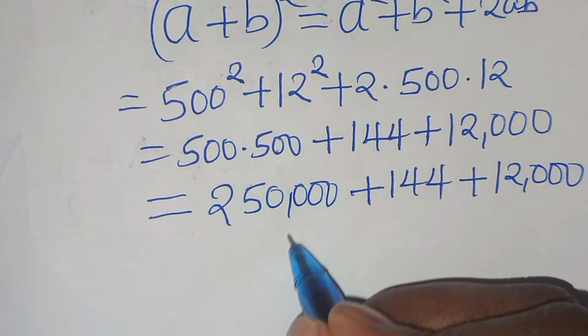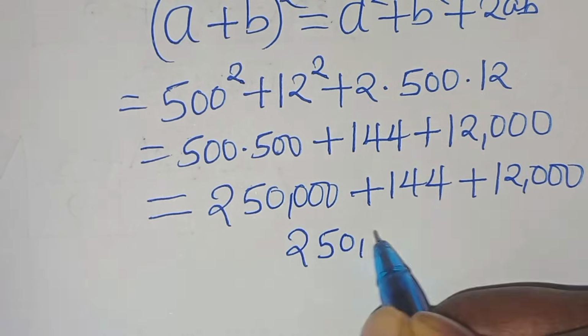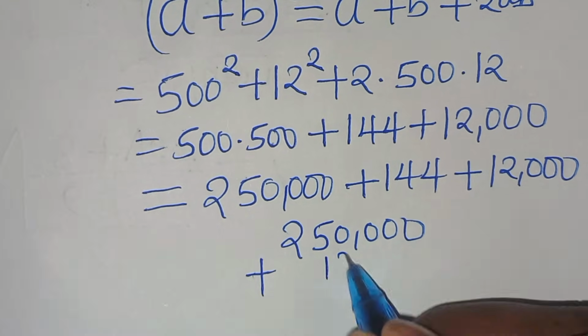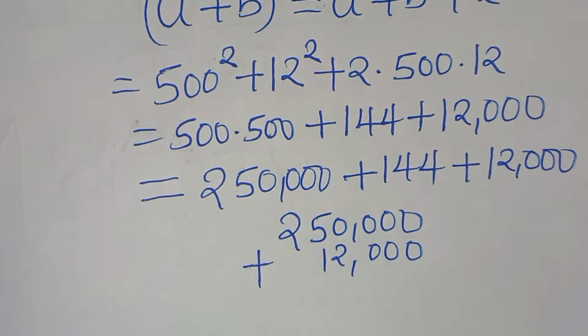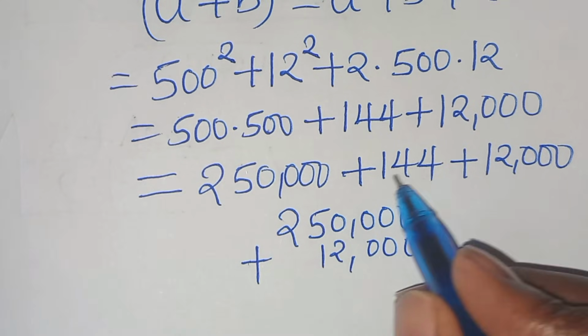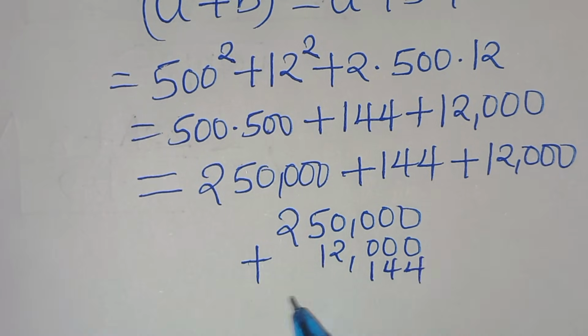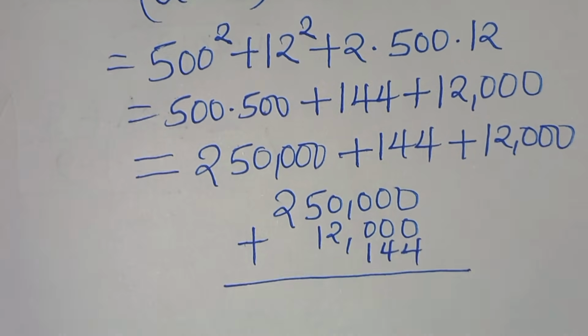So this means that we have 250,000 plus 12,000, then we have 144. So let's sum this.